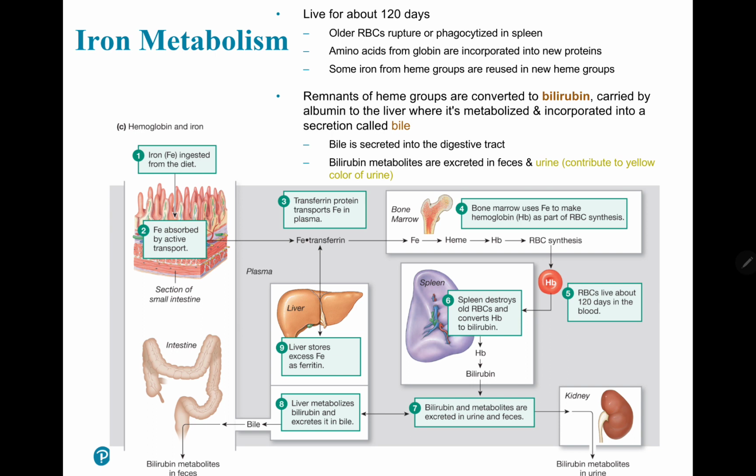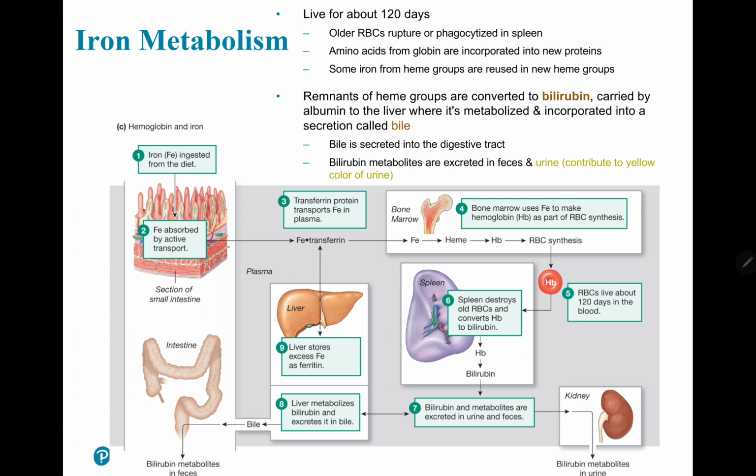So recycled in these new heme groups. So as you can see, iron is really important for the synthesis of hemoglobin, right? And hemoglobin is going to be that oxygen carrying protein that's located in the red blood cells. So iron must be ingested from our diet, right?